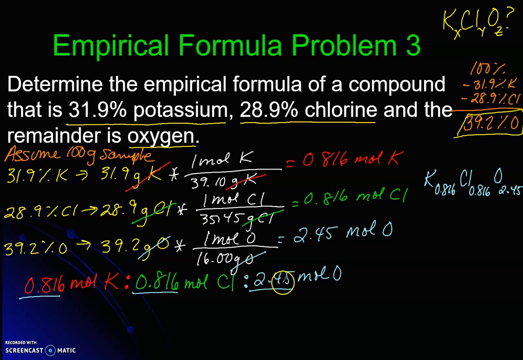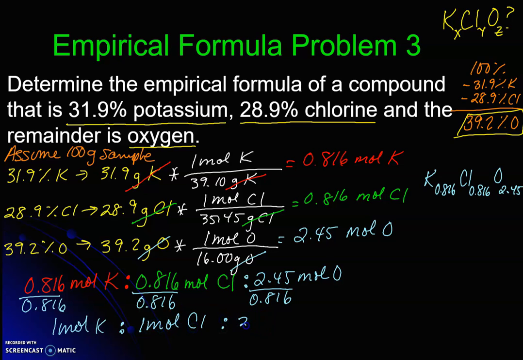So how do we do that? Which is the smallest number? It's 0.816. So you do 3 different division problems. Okay, so you got 1 mole of K for every 1 mole of Cl for every 3 moles of oxygen. Cool.